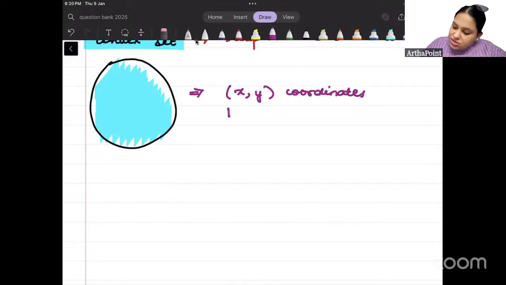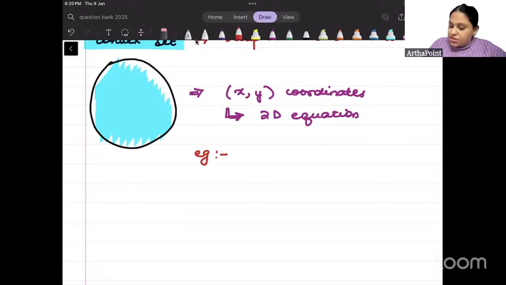Which means that whenever I have to write the equation of a circle, it will be a 2D equation. So for example, R square is equal to X minus A whole square plus Y minus B whole square.